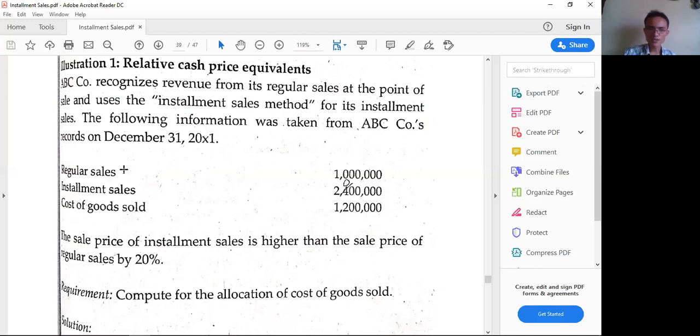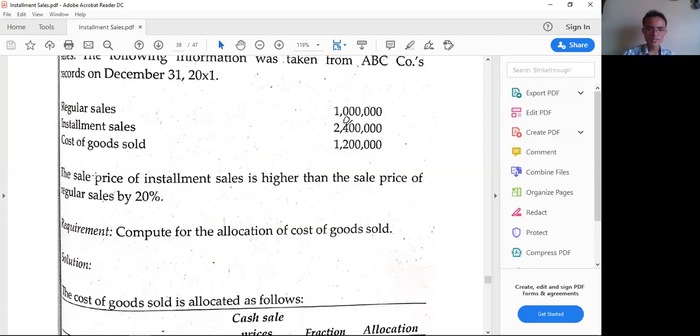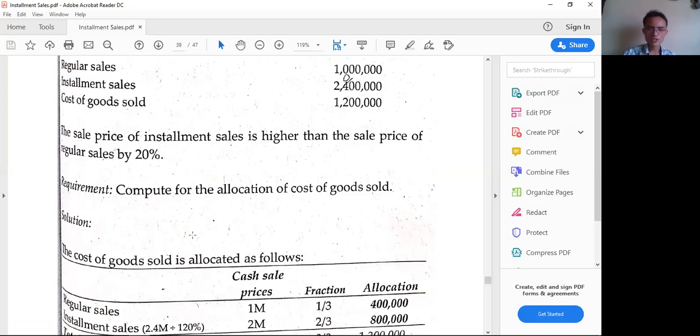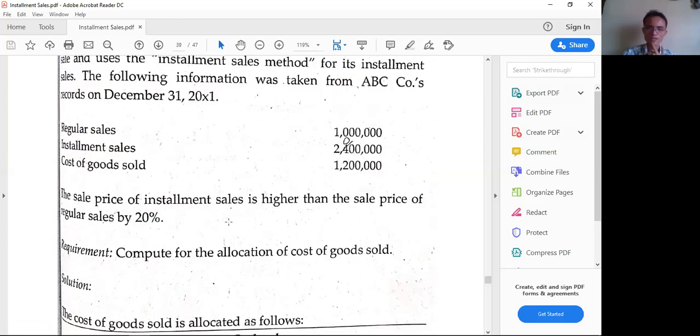We have regular and installment. The regular is not subdivided into cash and account, but there are problems wherein regular is really separated. And so the question is, how do we compute the allocation of cost of goods sold, or how much would be allocated to the two types of sales from the cost of goods sold?